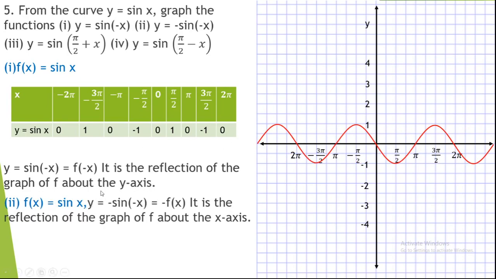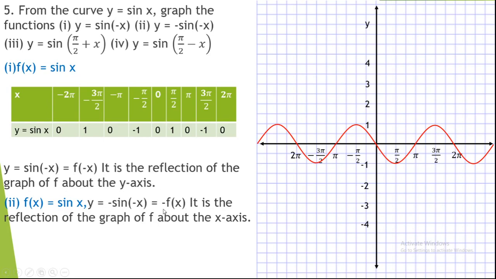Now secondly, we have minus sin of minus x. So first you consider the original graph. Then you have to change a minus. Sin minus x is already known to you, and another minus is added, so it is minus f of x.